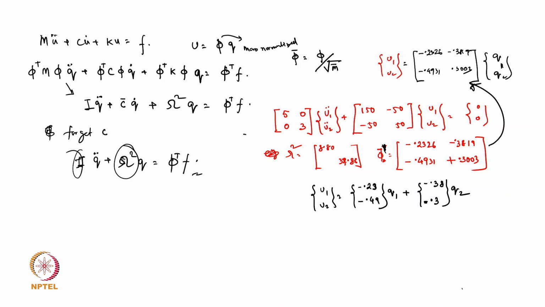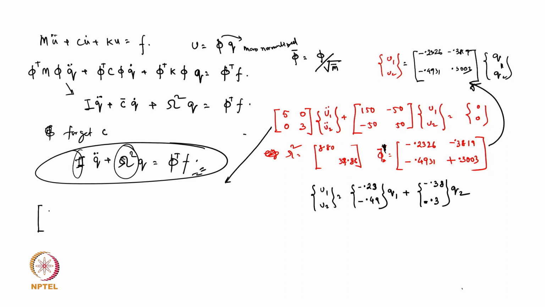So good. Now think, we have converted it into this system, this equation. So what does this equation look like? So that means this is changed to 1 1 0 0 with q1 double dot, q2 double dot, plus 8.8 and 37.86 with q1 q2 equal to 0.